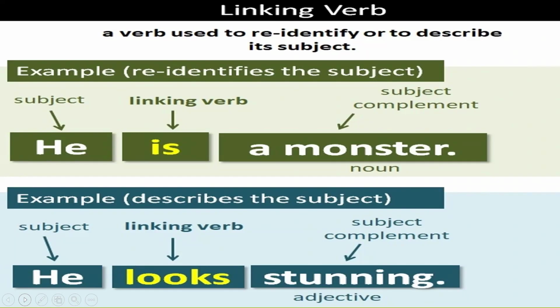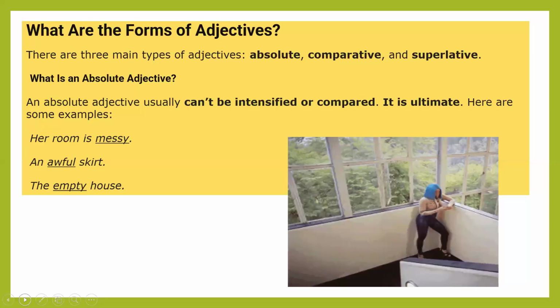In the second example, the adjective is coming after the linking verb. In the first example, he is a monster, the linking verb is only describing the noun. He is a monster, subject complement.